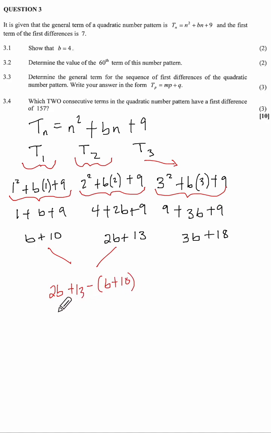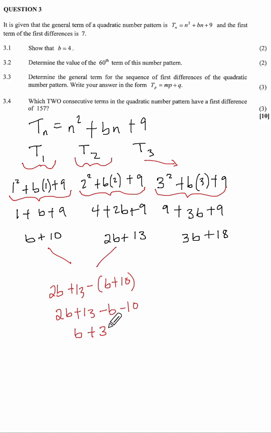So then it becomes 2b plus 13, then the negative affects everything in the brackets, so it will be minus b minus 10. And then 2b minus b, that's b. And then 13 minus 10, that's 3. So that is essentially my first term in my first differences.